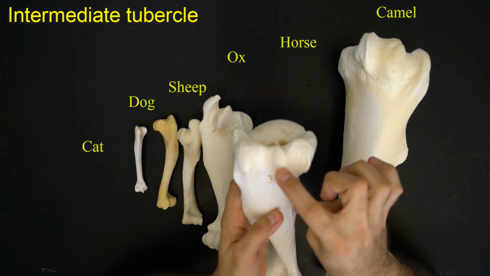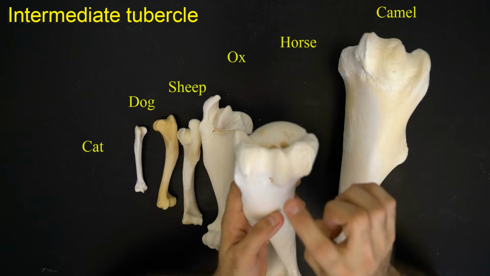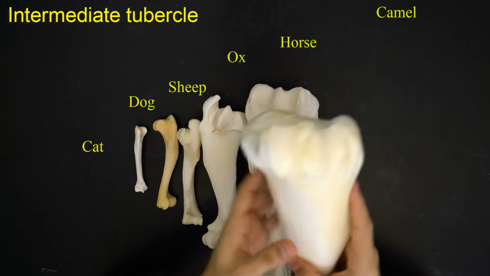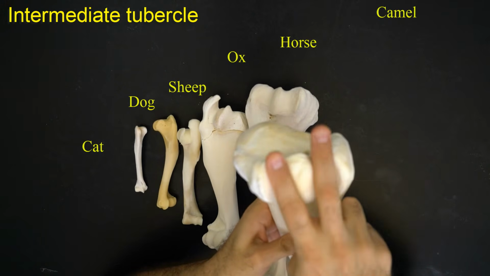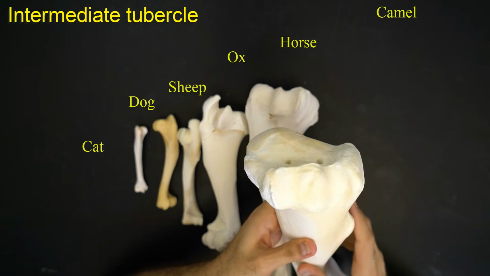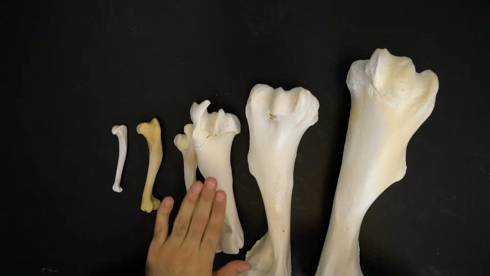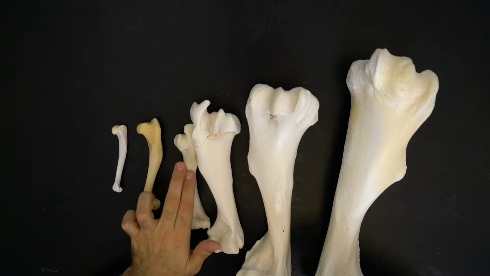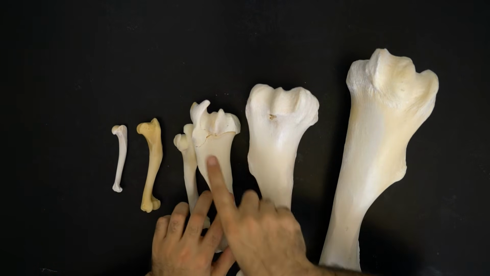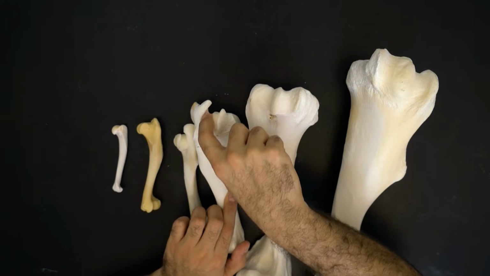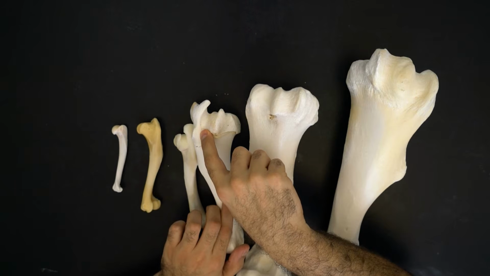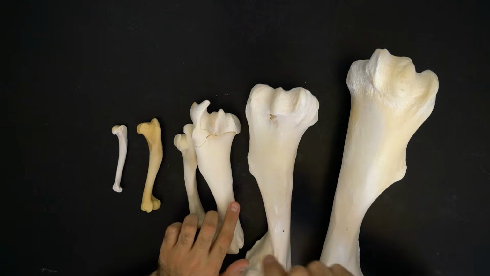It is present in the horse and the camel and divides the intertubercular groove into two parts. Here in the ox, sheep, dog, and cat, we can see the intertubercular groove, but there is no intermediate tubercle inside it.